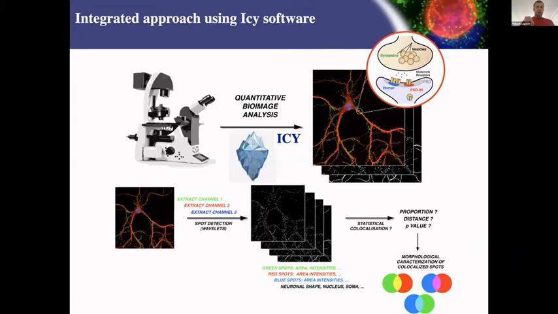This is where we went from the microscope and the images to the analysis through the Icy software. Icy is really well suited for this type of batch analysis because you have a lot of tools to automate your analysis: open the files, run the analysis on the image, get the results, and do it again as long as needed.